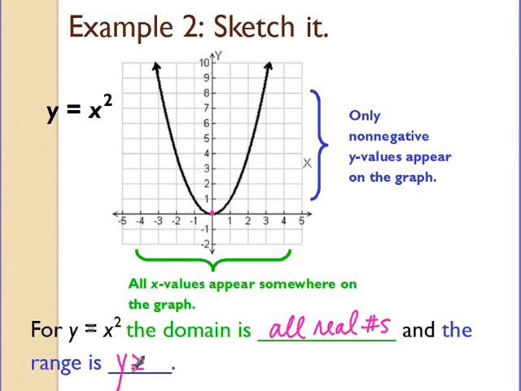So the y values need to be greater than or equal to 0. So not a list of points because it's a continuous function, but instead an inequality showing that y is greater than or equal to 0. Anything bigger than 0 is part of the range. If it was turned upside down, and looked like an umbrella instead of a smile, then it would be y is less than or equal to 0 if it was at that same place.